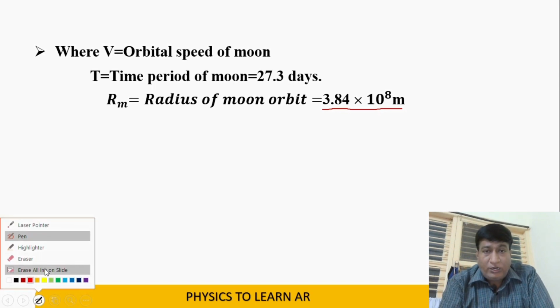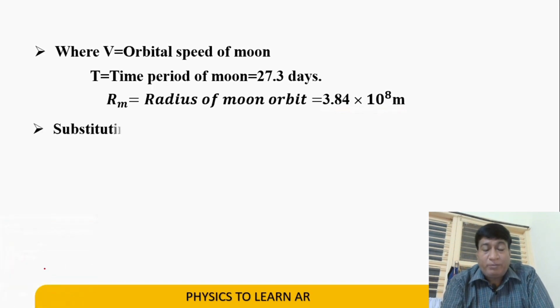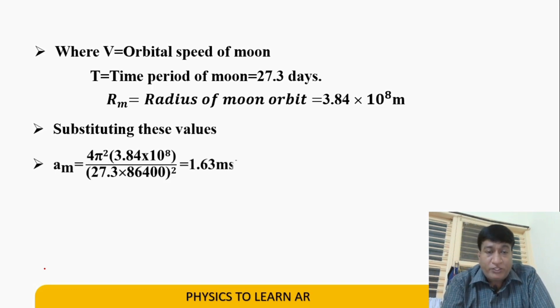By substituting these values in the above equation, 4 pi square rm by T square, we obtain the acceleration of the moon as 1.63 meter per second square.